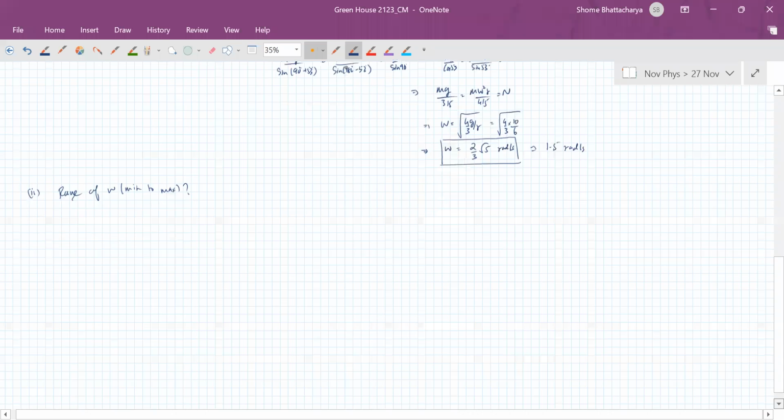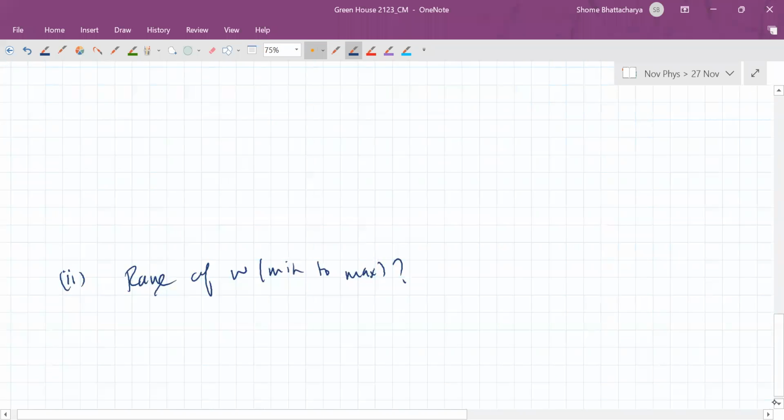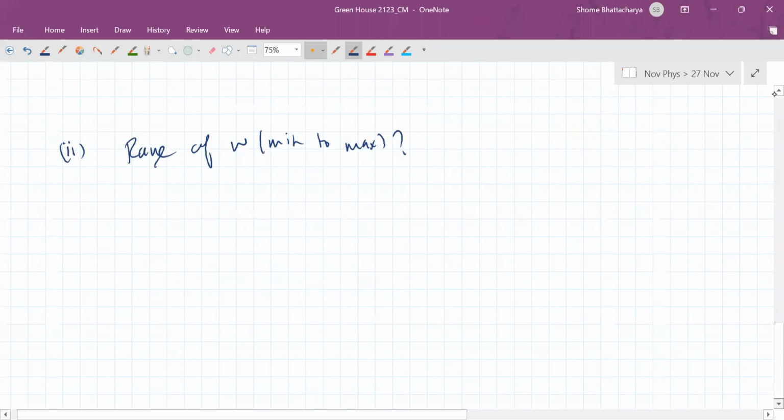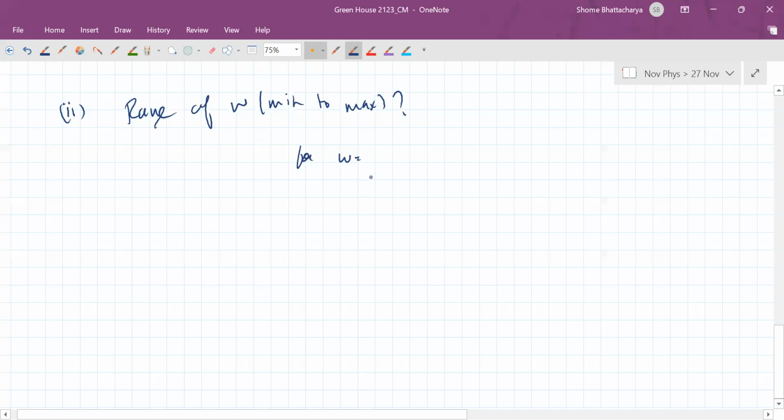Okay, so now let us see what happens as we start increasing omega. For omega equal to square root of g by r tan theta, which was about 1.5 radians per second, there is no tendency for slipping.